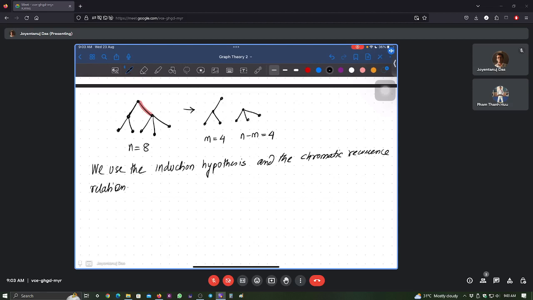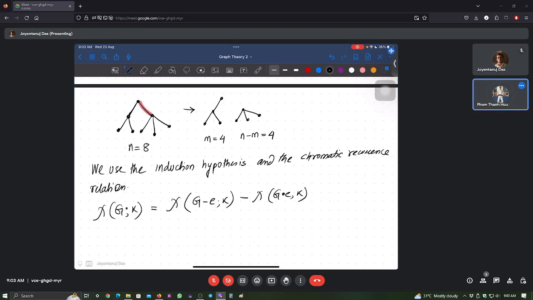So what will happen is, the chromatic polynomial of G with k is nothing but G minus e with k, minus G dot e with k, right?